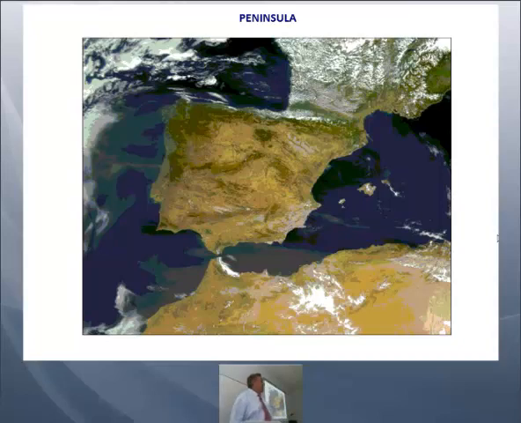But in any case, Spain is a peninsula, and the peninsula is almost an island. In an island, the sea is essential because a large number of products arrive by sea. So for an island, and compared to Europe, Spain is a small island.